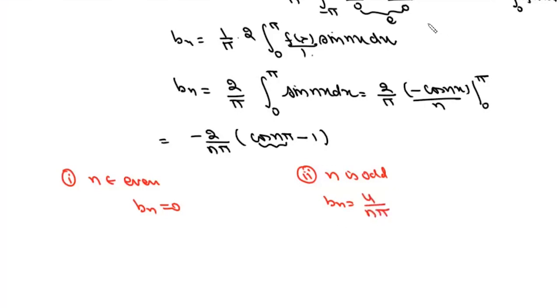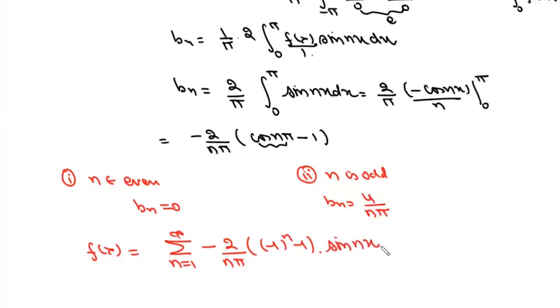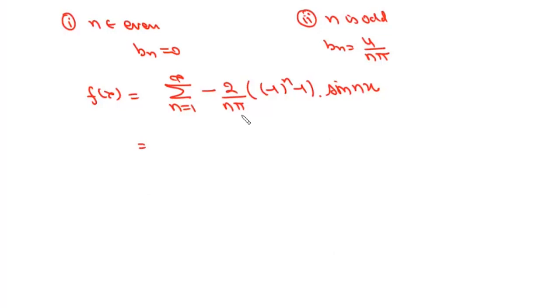Now once we have a0, an and bn, we can express this function f(x) as this summation n varies from 1 to infinity, minus 2 upon n pi, and cos n pi is minus 1 to the power n, minus 1, into sine nx. And essentially, if we put n as 1, we'll get this as 4 upon pi sine x upon 1.